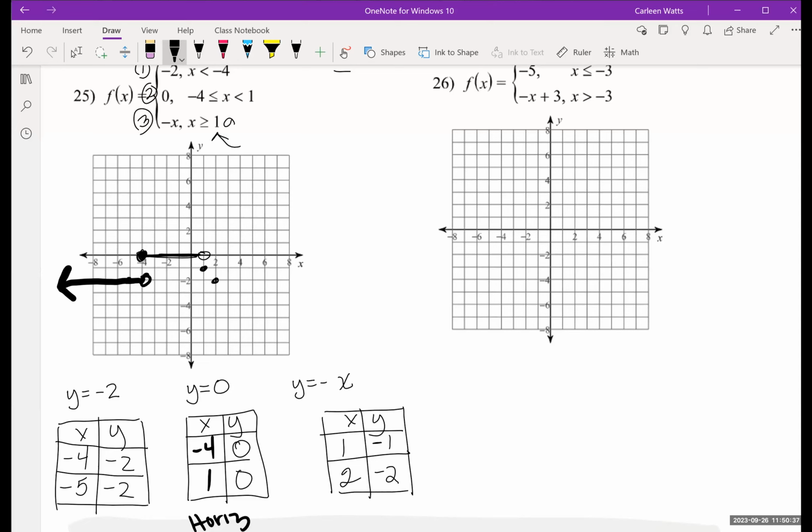This is an arrow to the right with a filled in circle here.